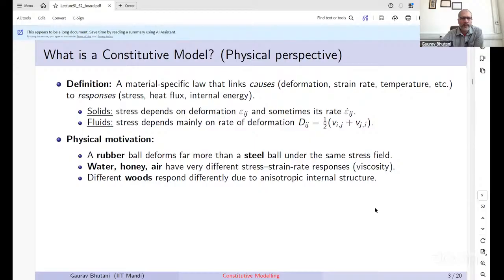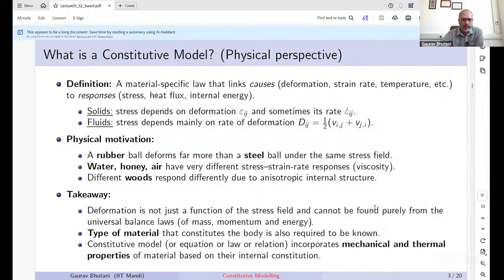And similarly, if you're dealing in terms of fluids, you're dealing with a highly viscous fluid like honey as compared to another less viscous fluid like water. And there are some materials which are anisotropic in nature like wood, which has a grain direction. So that should also be incorporated in the system of equations through the constitutive models. So we need something other than the balance laws.